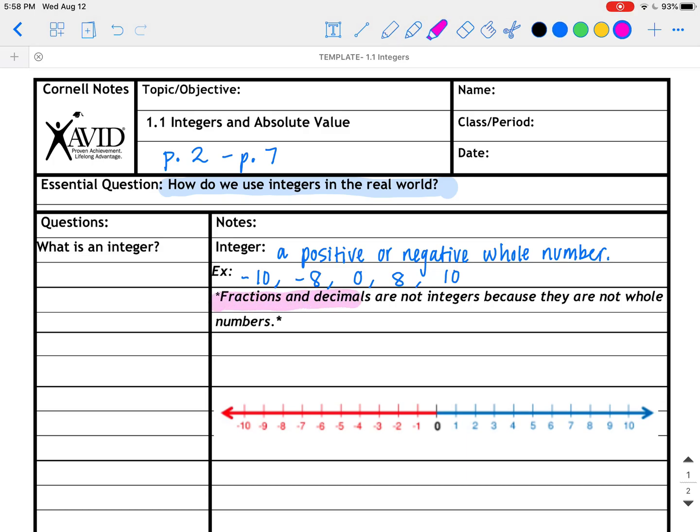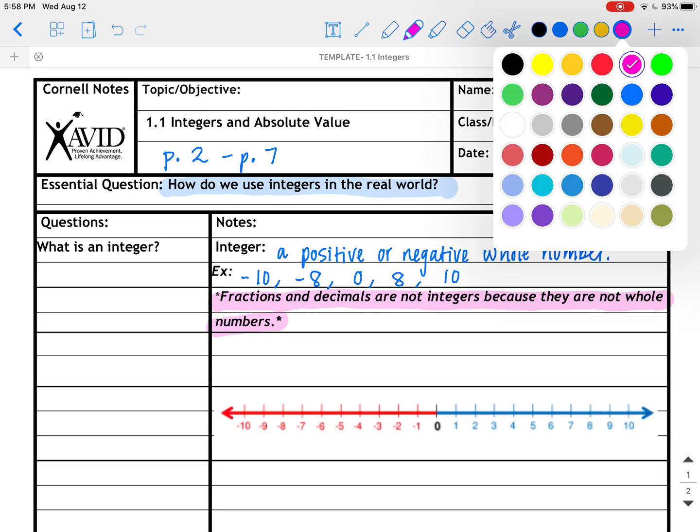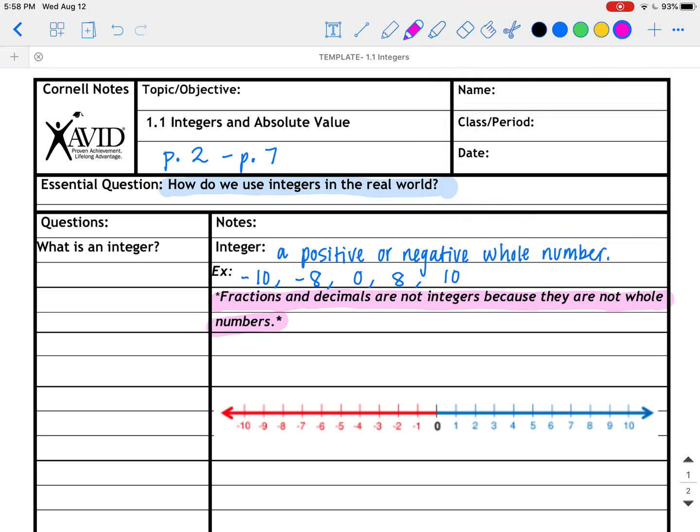Now, something I need you to remember is that fractions and decimals are not integers because they are not whole numbers. So I'm going to give you a few examples of values that are not integers. For example, negative 2 over 7, it's not an integer.